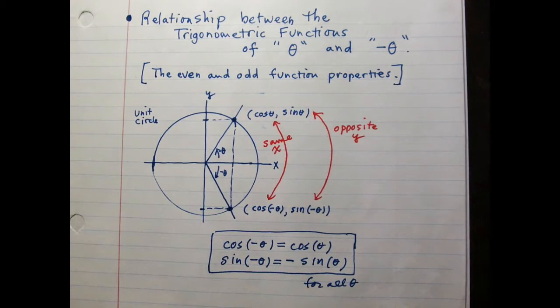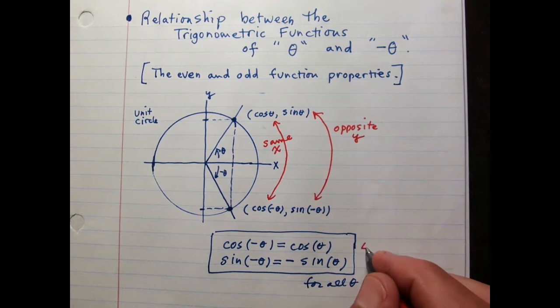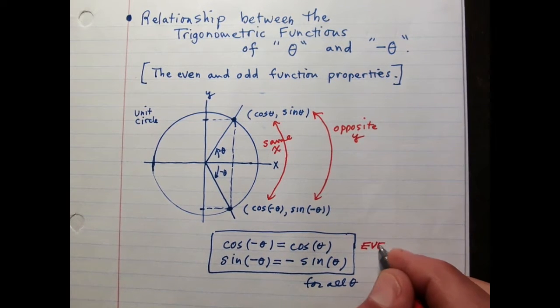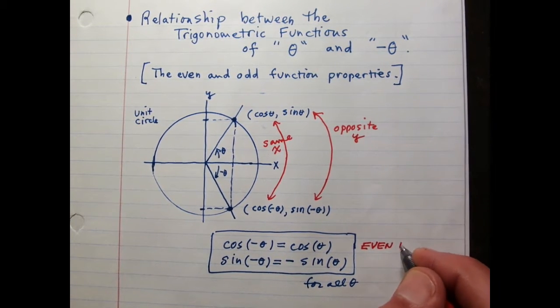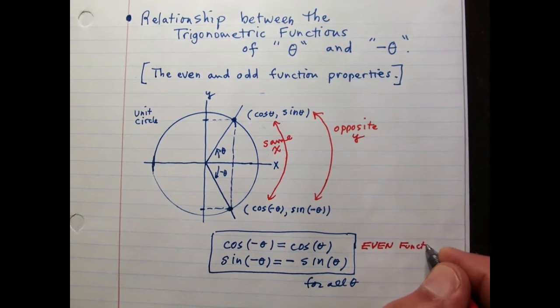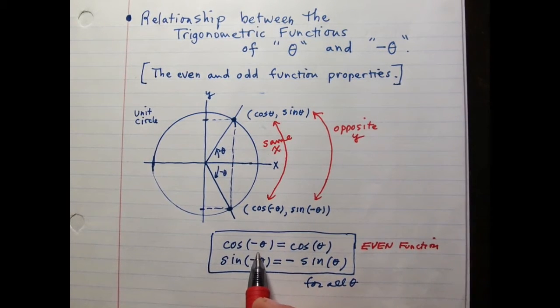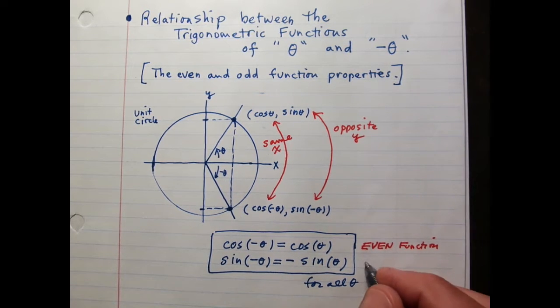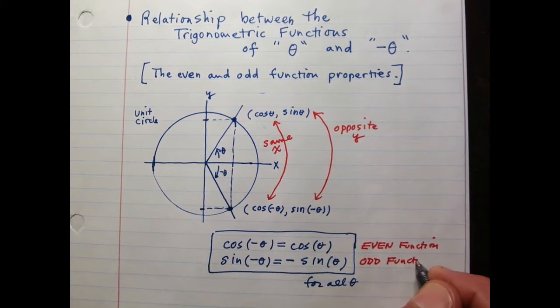And the reason they're called the even and odd function properties is that this cosine property applies to the even powers of x. Because if you take the square of a negative number, that's equal to the square of a positive number. If you take the fourth power of a negative, it's the same as the fourth power of the positive. All even powers. The sine property is true of all odd powers of x.